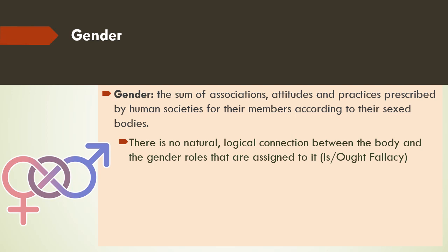If you engage in believing that, that's an example of the is-ought fallacy. The belief that if something is, therefore it ought to be. And it's just not the case that the human body exists in a way that results in perfectly defined gender roles that are consistent through all history, all time.